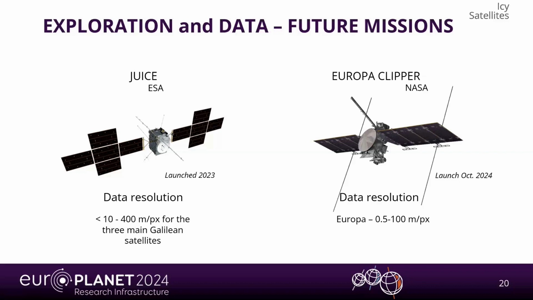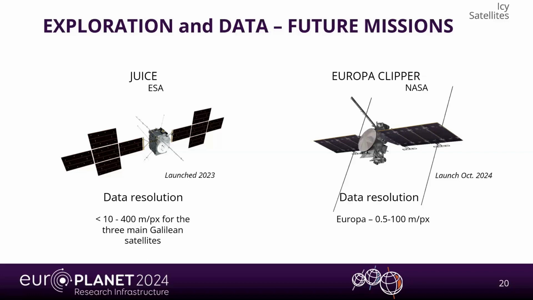JUICE will mostly investigate Ganymede. We'll observe Ganymede at high resolution with a global coverage. And I would like to remind you that this afternoon there is a seminar by Alice Lucchetti about the JUICE mission that will provide you more knowledge about it.